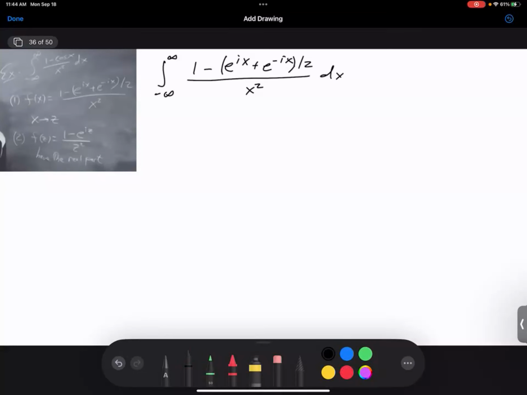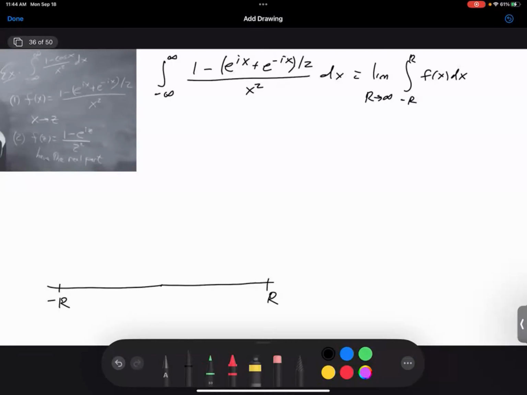And if we think about what's going on, here we typically go from minus r to r, and then we'll let r go to infinity. So this is going to be the same as the limit as r goes to infinity of the integral from minus r to r of our function f of x dx. Now this is where things get tricky.